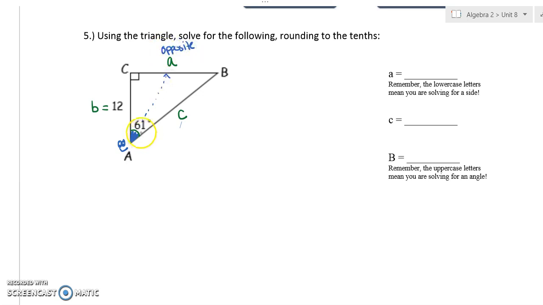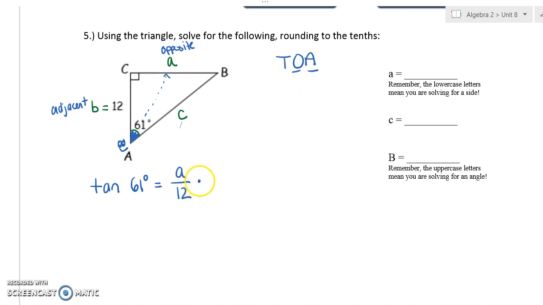Now, I don't know what the hypotenuse is, but I do know my adjacent side. And now I can set up my trig function because opposite and adjacent is TOA. So I can use tangent. Tangent of 61 degrees equals opposite side, which is A, over the adjacent side, which is 12.